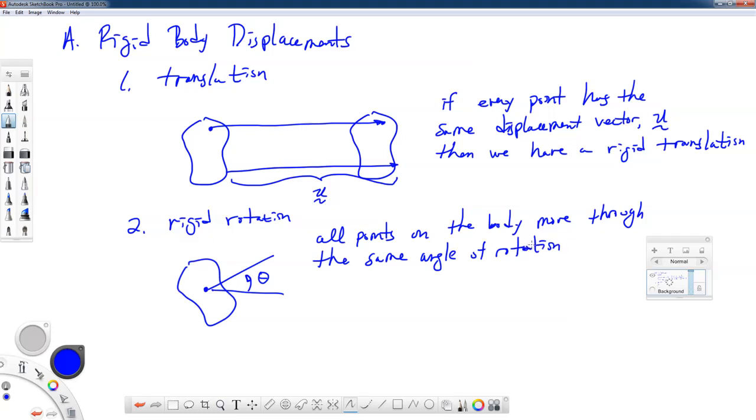Okay, so those are kind of degenerate deformations. It turns out that any general rigid body motion can be broken up into a translation and a rotation.